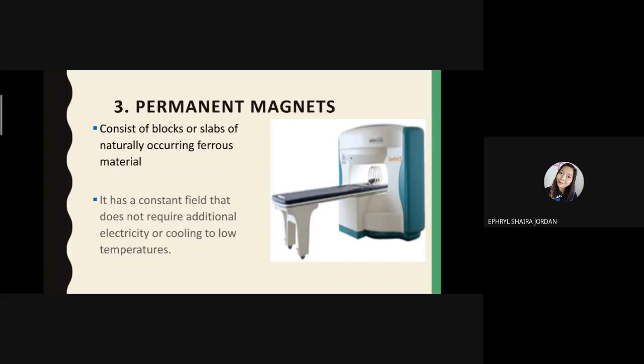So if a superconductive magnet nag-require ng cryogens, the resistive magnet requires constant power supply. Ang permanent magnet does not. Okay? Kasi nga, it consists of blocks or slabs of naturally occurring magnet.